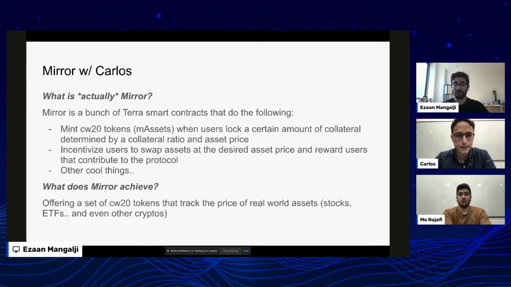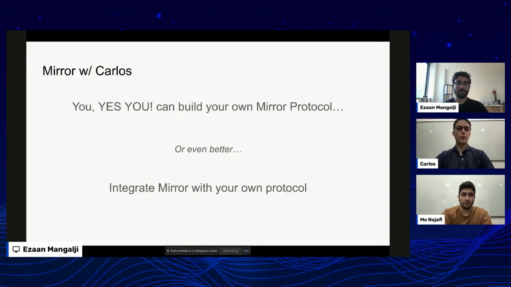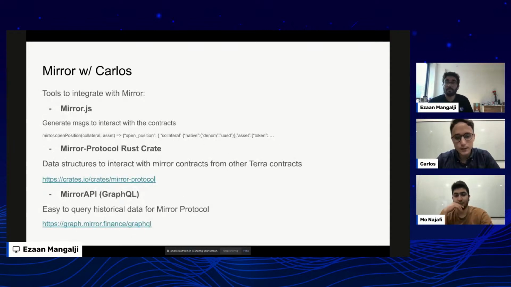So if we go to the next slide, what I want to emphasize with my part of the presentation is that anyone can build their own Mirror protocol, or what's even better, integrate Mirror with your own cool ideas. And because we want people to do these cool integrations, I will now try to explain a little bit how Mirror is actually built.